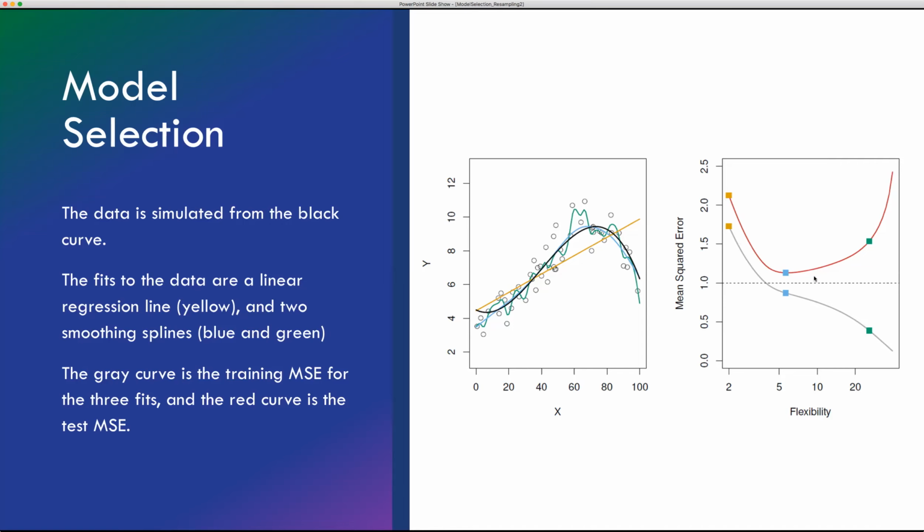And we want the error to be as small as possible, right? We want to focus on the testing data set to measure the error of its prediction. So this is telling you this light blue curve is the best, because it gives us the lowest prediction error on the testing data set.